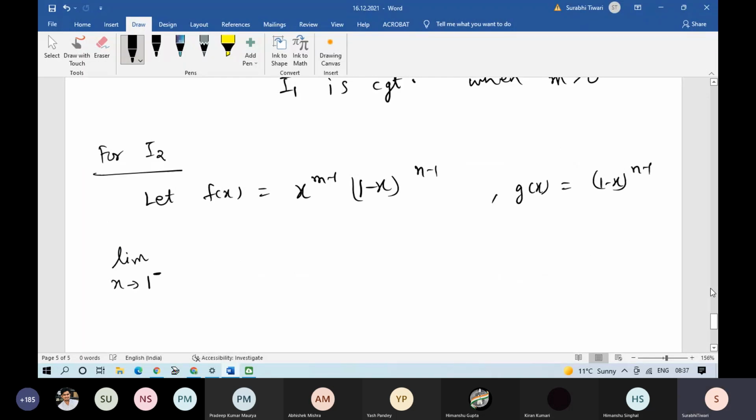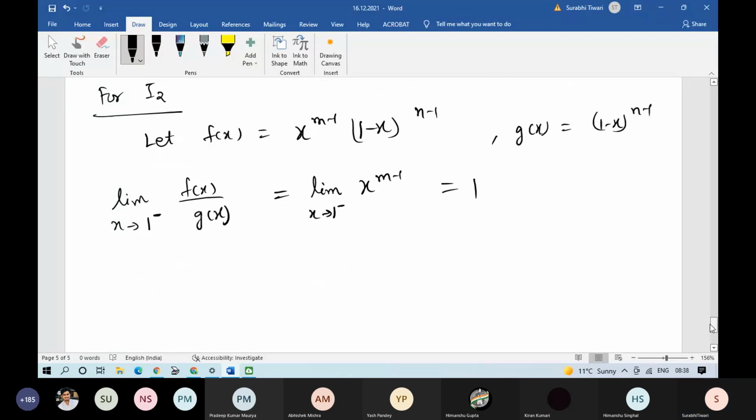You have to stay within the interval 0 to 1; you cannot go outside of 1. So we take the left hand limit, not the right hand limit. Now f(x) upon g(x), take the limit as x tends to 1 minus. What comes out? This is again 1.